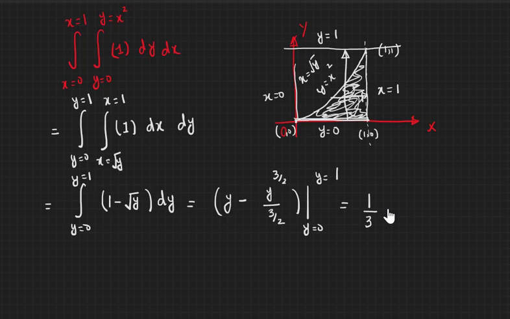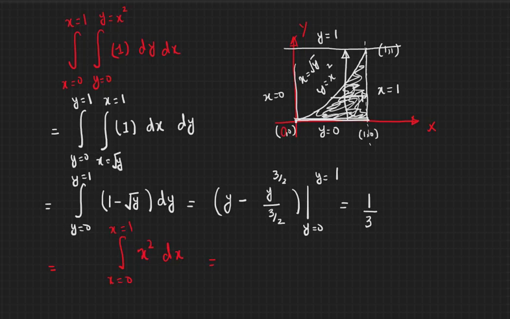Now let's try to solve the integration with respect to y first and then with respect to x. That would be equals to integration of 1 with respect to y, that would be y, applying the limits of integration, that would be x square, right, and then integration with respect to x from x is equals to 0 to x is equals to 1.